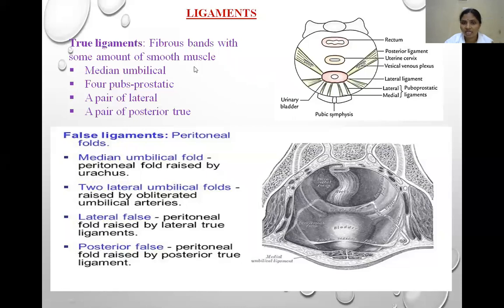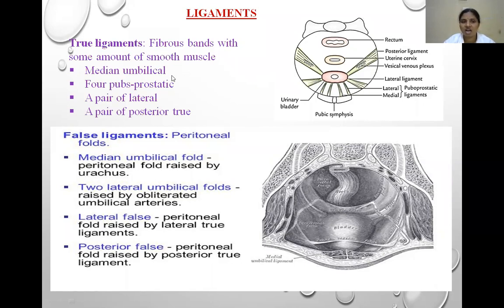That means the outermost muscle layer of the urinary bladder extends along these fibrous bands and gets attached to the surrounding structures. Thereby it gives support to the urinary bladder. That's why these ligaments are known as true ligaments. Okay, so what are these true ligaments? Altogether nine in number.